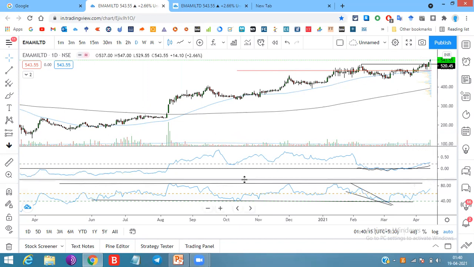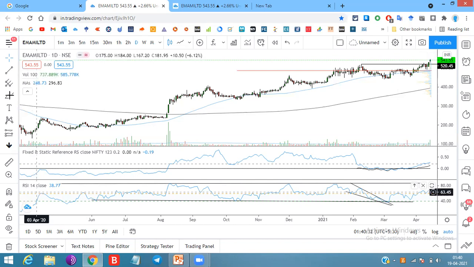It is comparing two scripts, right? Whereas RSI, relative strength index, is comparing its own price to the 14-day average price. Okay, guys, my setting is of 14 days. If I'm using an hourly chart, then my setting would be of 14 hours.